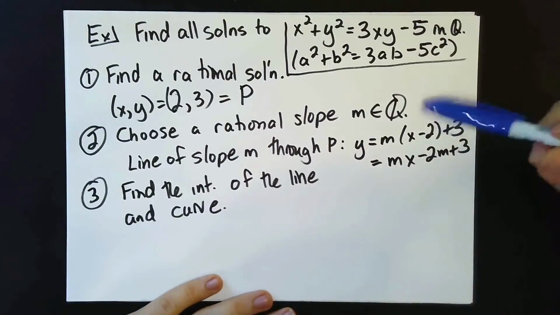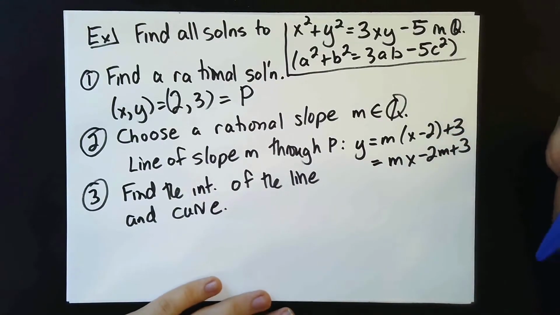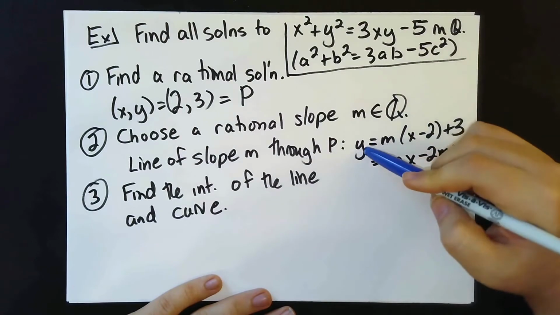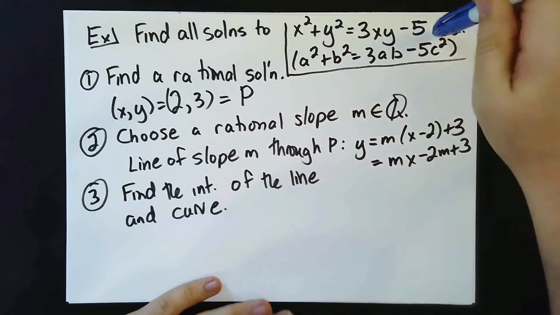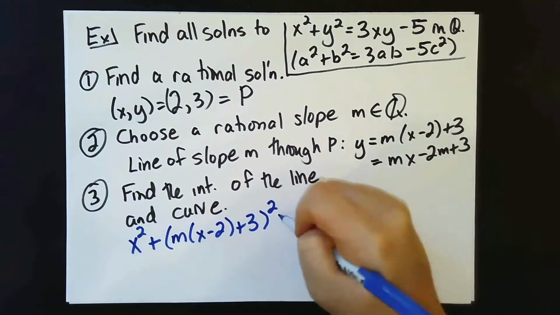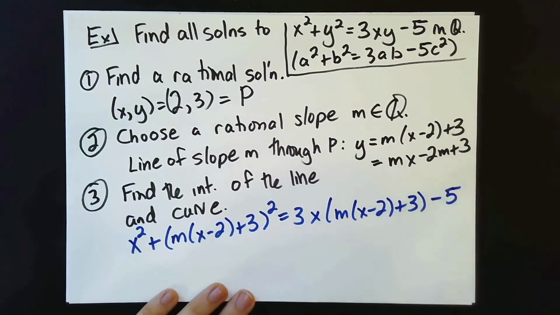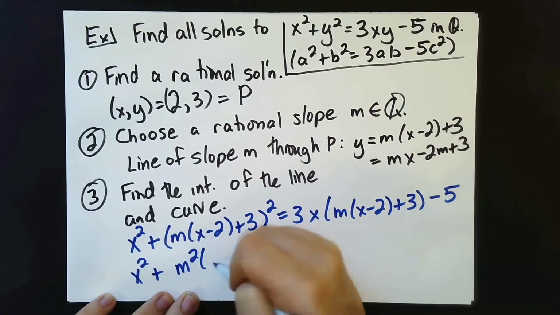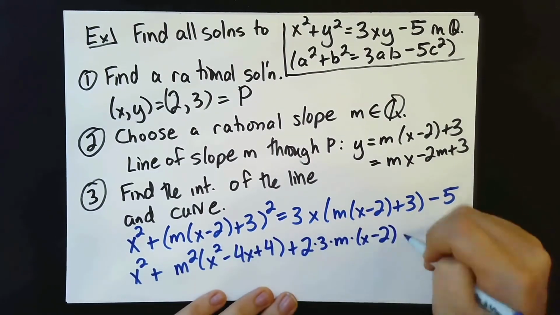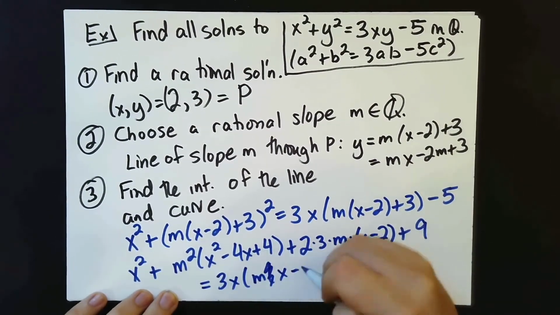So how do we do that? Well, this is an equation of the form y equals some stuff, so I'm just going to plug this y equals some stuff into my equation that I started with. So I'm going to get this admittedly not very appealing mess. And I'm going to just FOIL this all out and move everything over to the left-hand side.